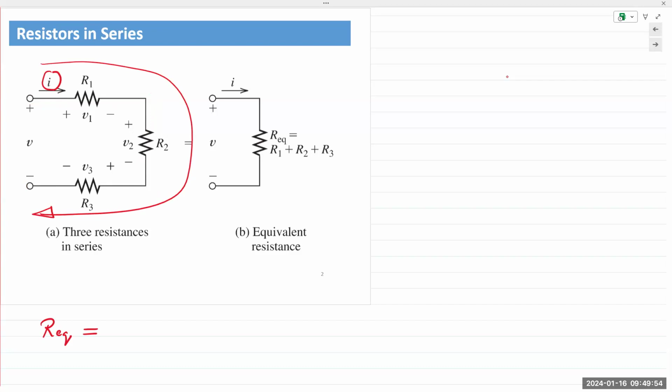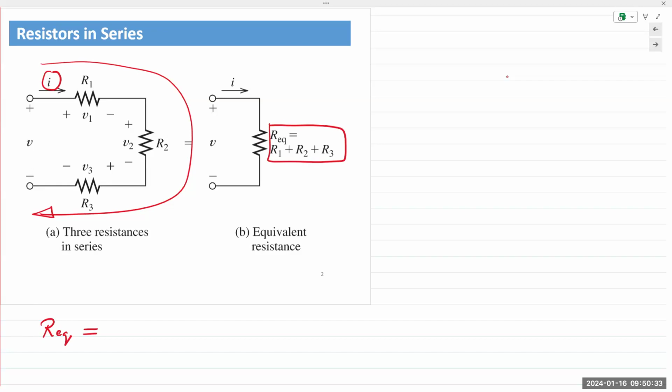So the voltage drop across each one would be given by Ohm's law, V equals IR. So the voltage across R1 would be R1 times I, right? Easy enough. Voltage across R2 would be R2 times I, and across R3 would be R3 times I. I is common, you take it out, and you apply Ohm's law in reverse, and you get Req as simply the sum of the three resistors in series.